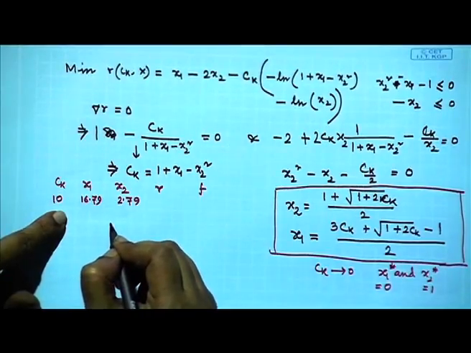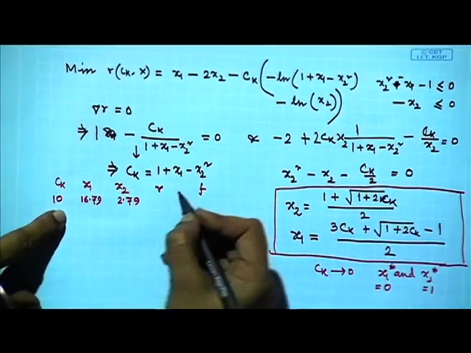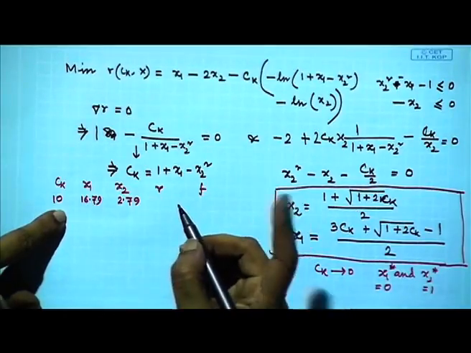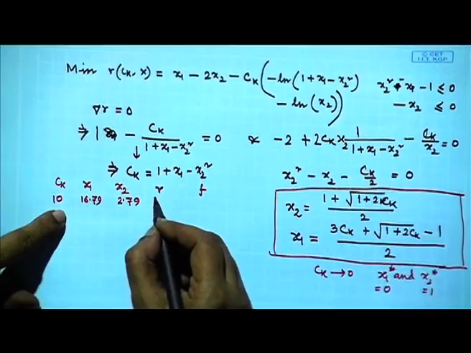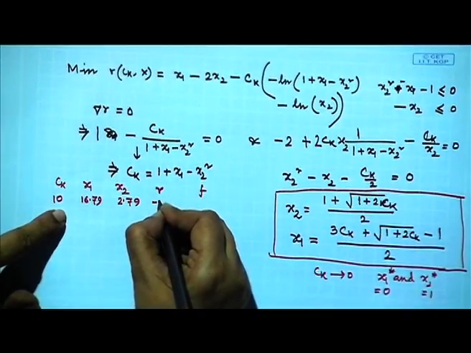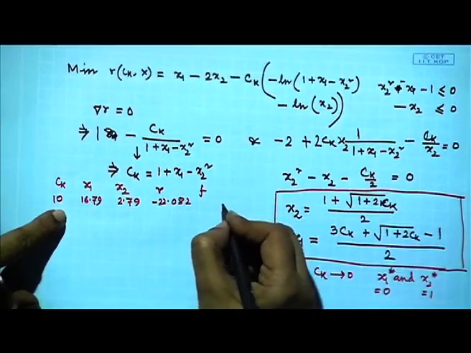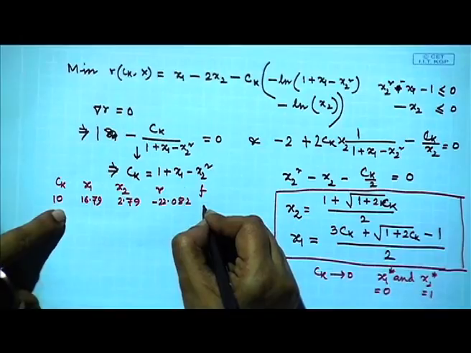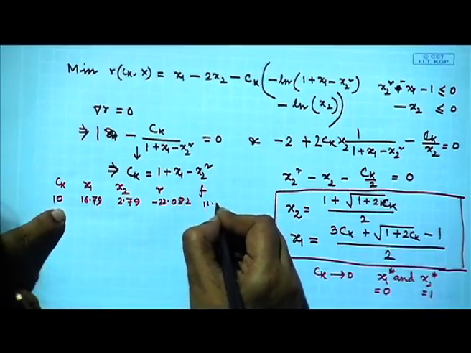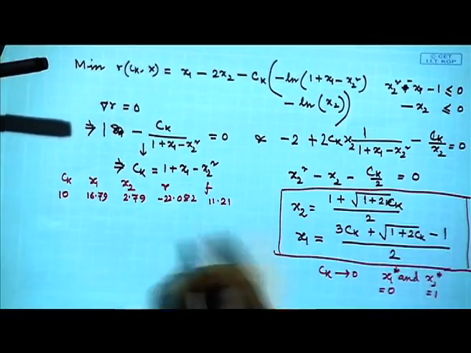Then for r, the value will be minus 22.082, and the original value of f would be 11.21.